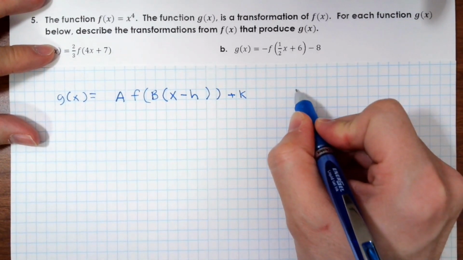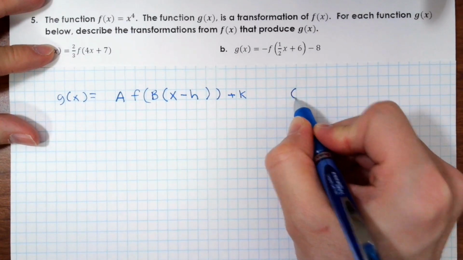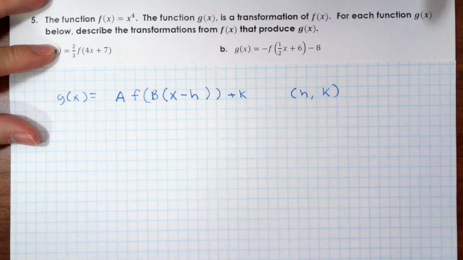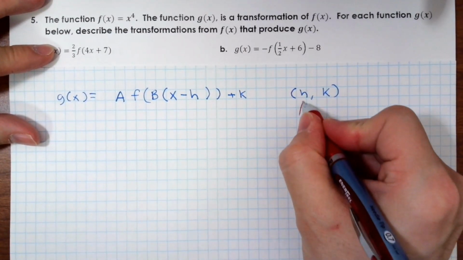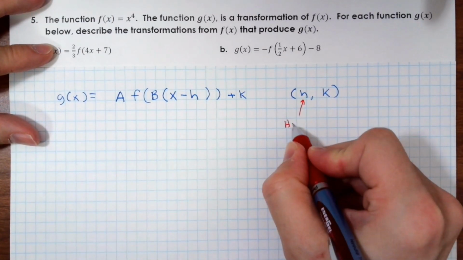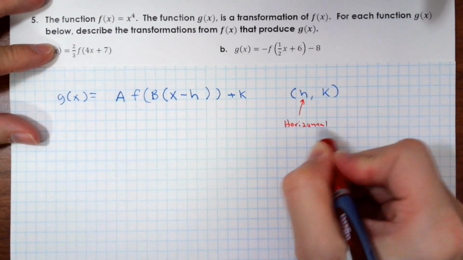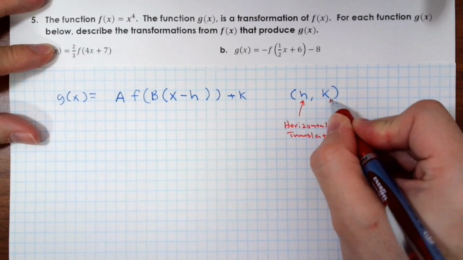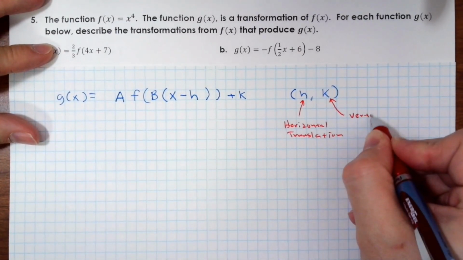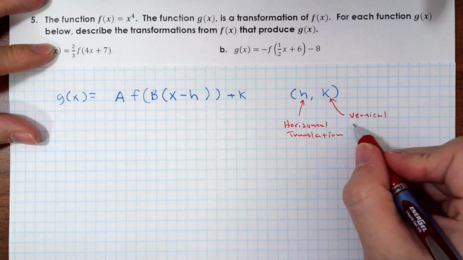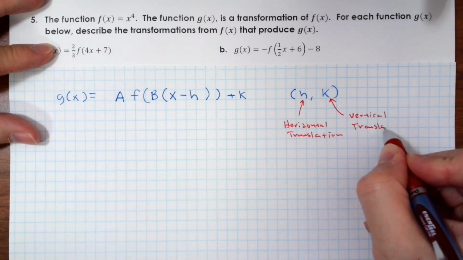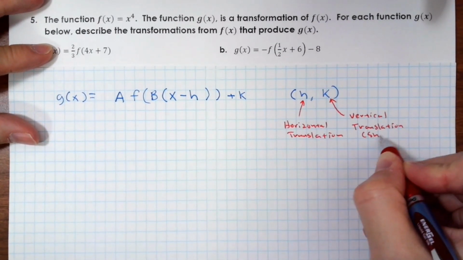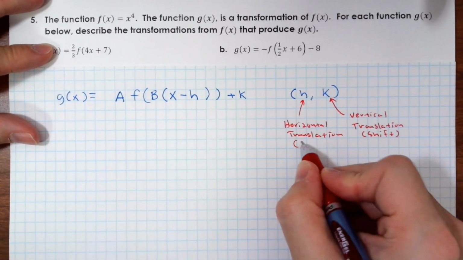So h comma k covers your horizontal translation, whereas k is going to cover your vertical translation. And your teacher might say shift. Vertical shift is fine as well. Horizontal shift.